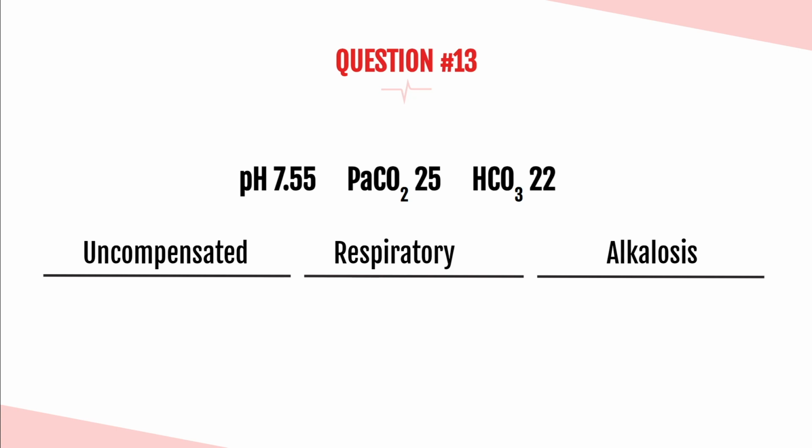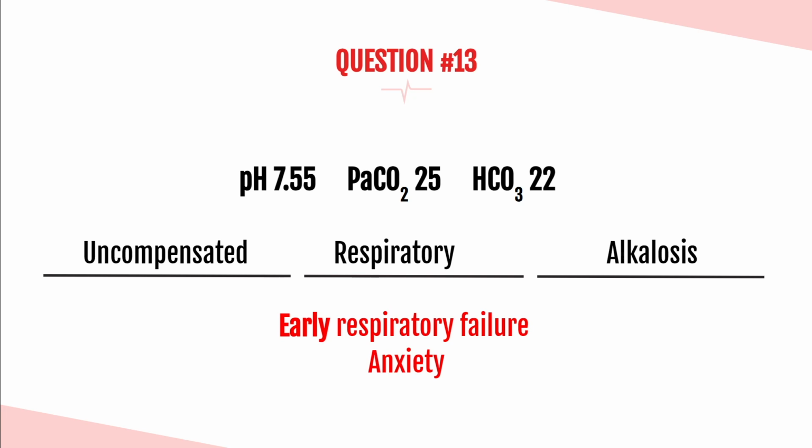Well, in early respiratory failure, when you're hyperventilating, you won't have a lot of carbon dioxide because you're blowing it off. Where else could you see this? Perhaps in patients with anxiety or those in severe pain. You want to think hyperventilation. You're blowing off that carbon dioxide so you don't have a lot left in your bloodstream.